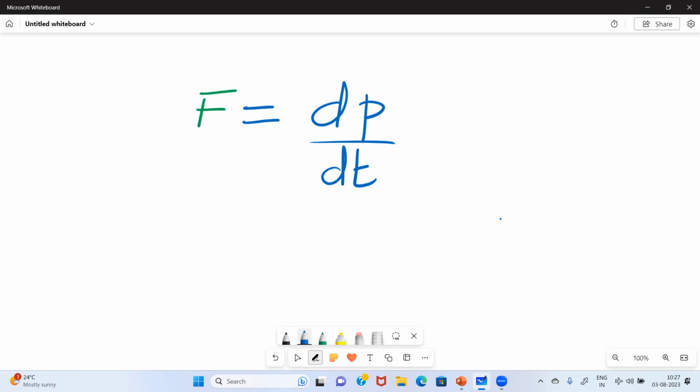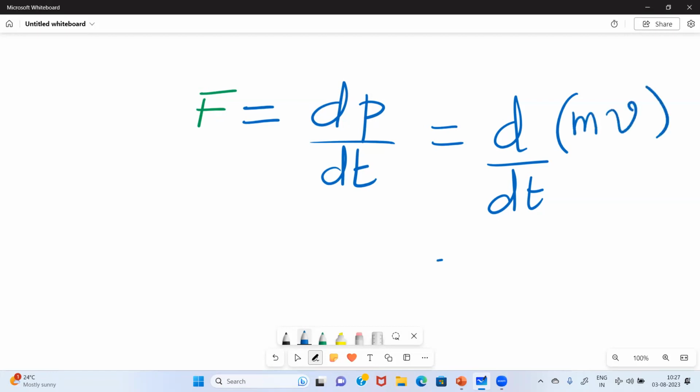Momentum. What is momentum? Mass into velocity. So I can write momentum as mass into velocity. Which of the two is constant? Mass is constant. I can take it out of the differentiation.